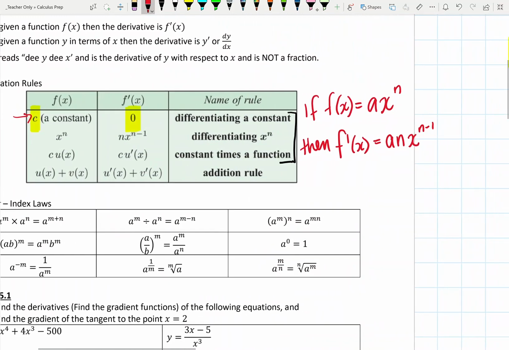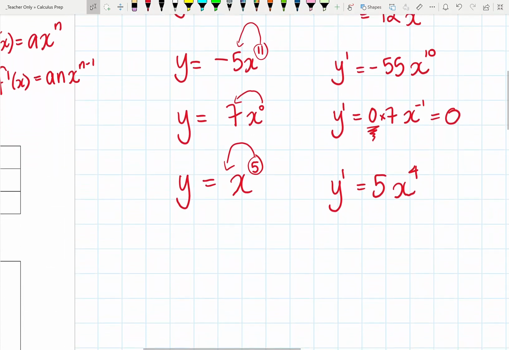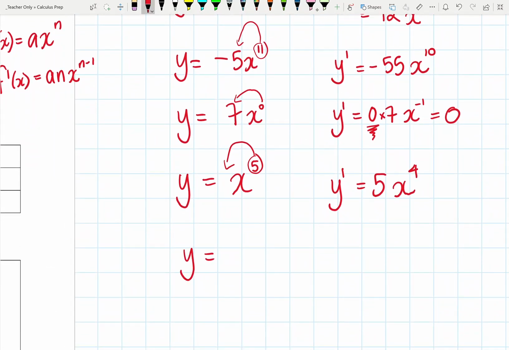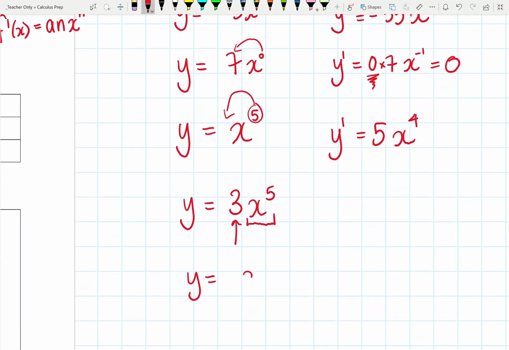And then the last one, when we've got a constant times a function, which is really what we've been doing all along. Here's another one, y equals 3x to the 5. So this is our function, and this is the constant multiplying the function. If we just did y equals x to the 5, y dash would be 5x to the 4.